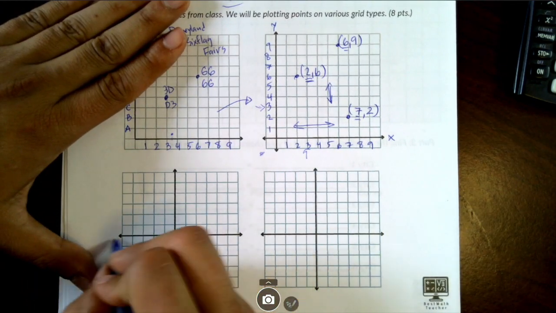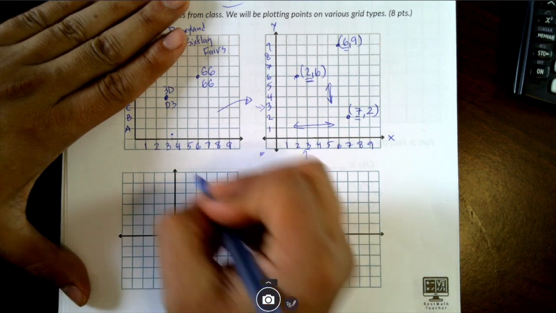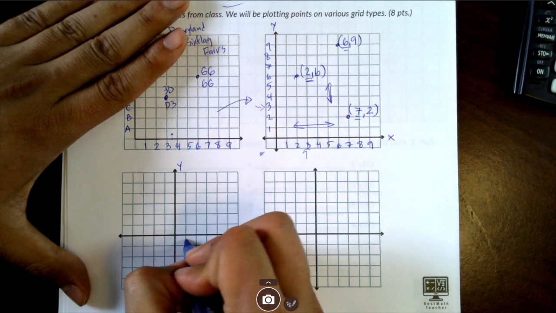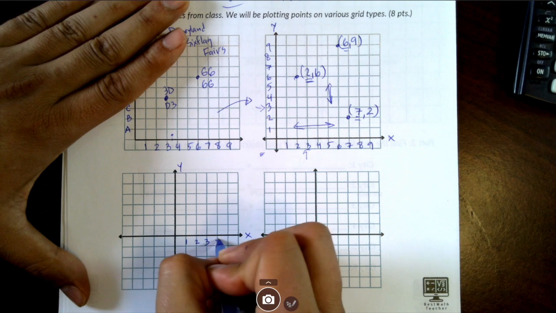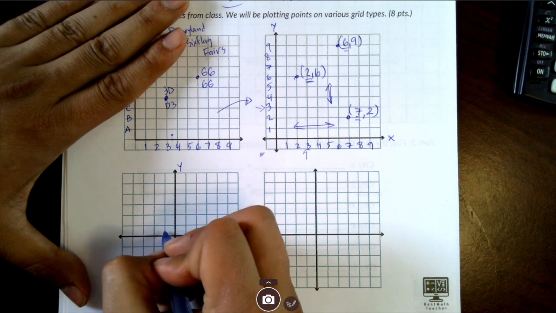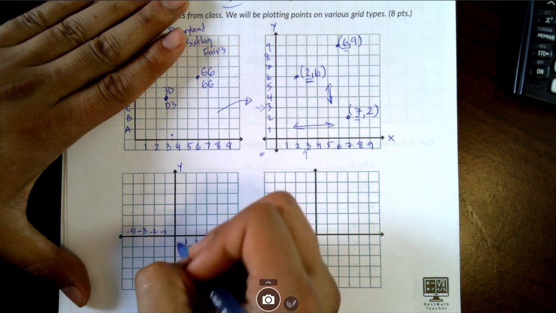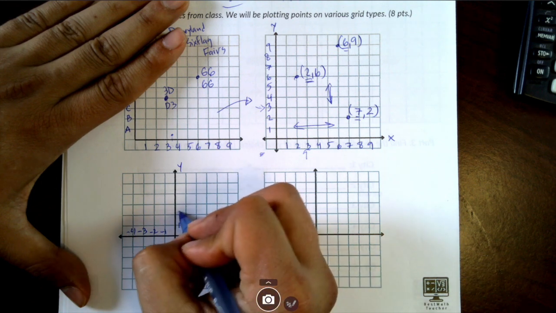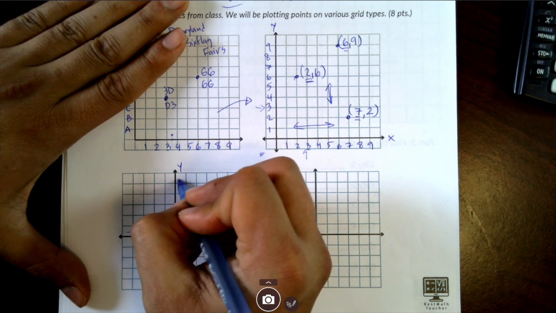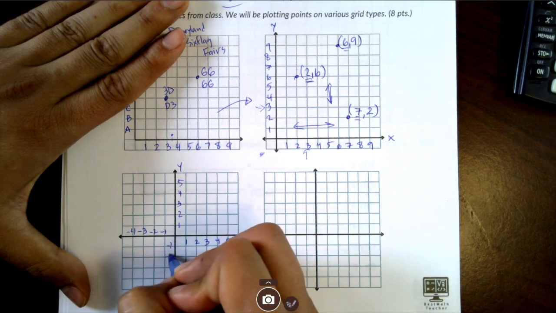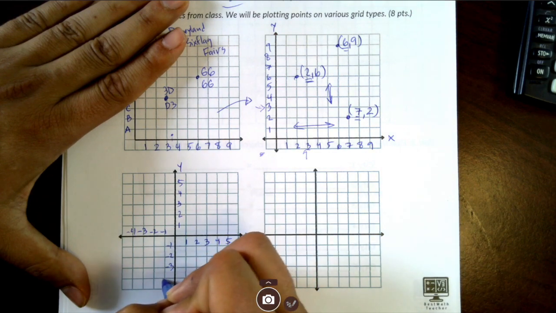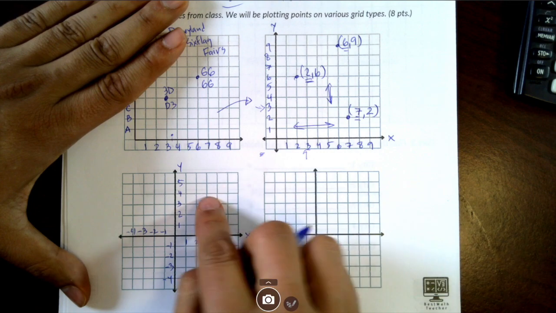So this x-axis, still the same, okay? This becomes 1, 2, 3, 4, 5. And then on the left side, this is -1, -2, -3, -4. We can go up 1, 2, 3, 4, 5. And then these are now negatives, okay? Very similar to this one.